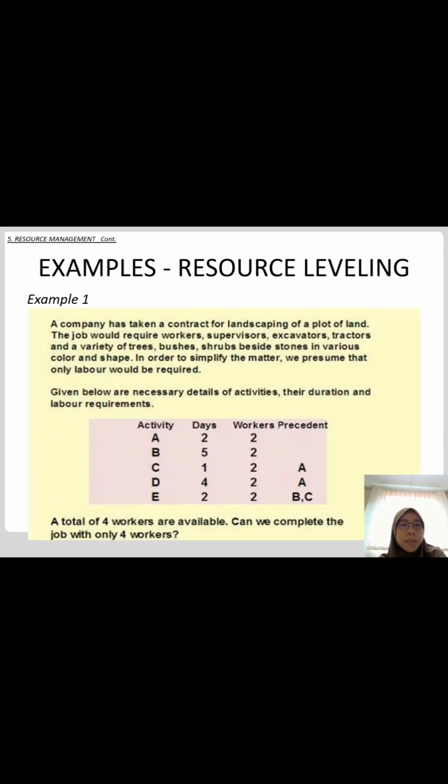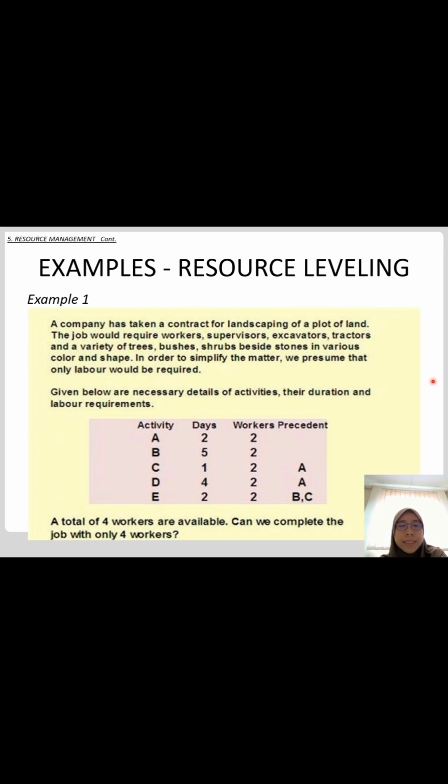For example number 1, a company has taken a contract for landscaping of a plot of land. The job would require workers, supervisors, excavators, tractors, and a variety of trees, bushes, shrubs, besides stones in various colors and shapes. In order to simplify the matter, we presume that only labor would be required.